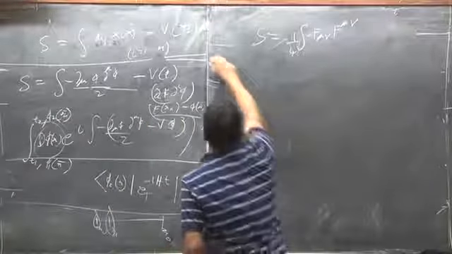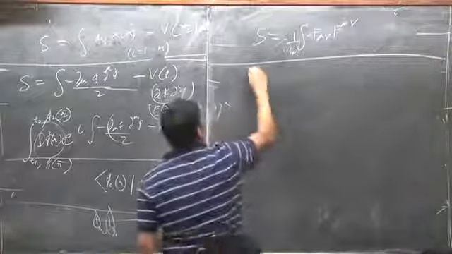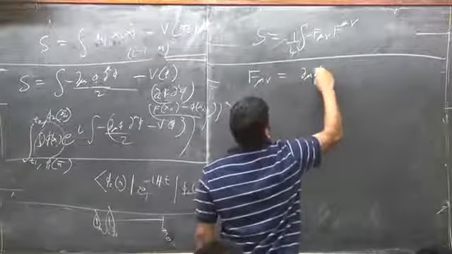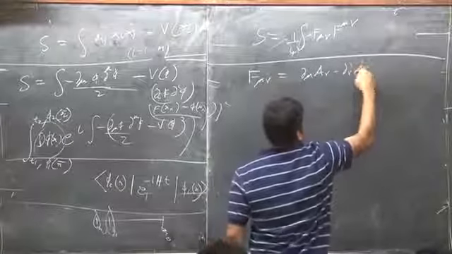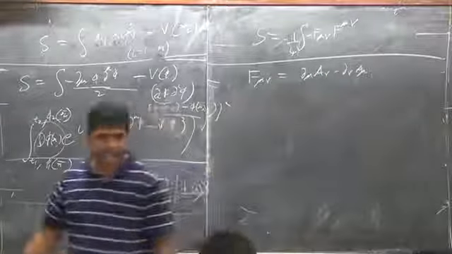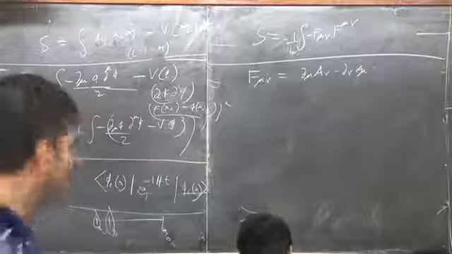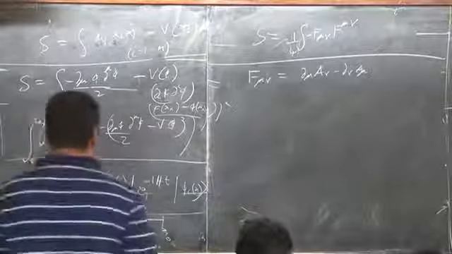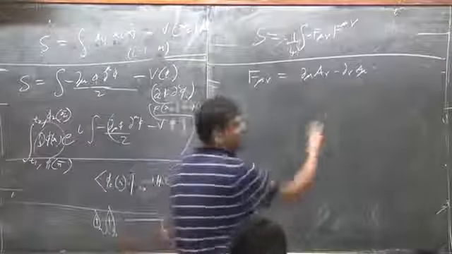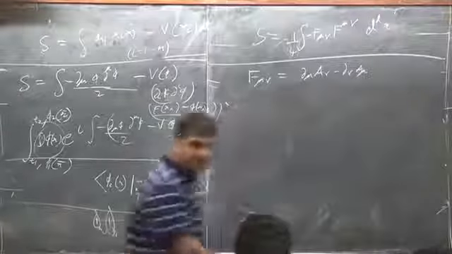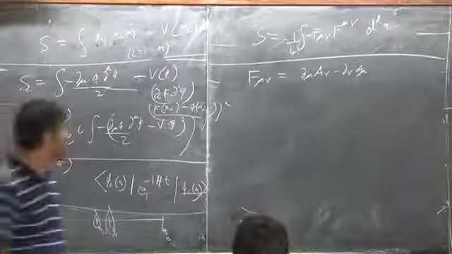Let's define F mu nu first. F mu nu is equal to del mu A nu minus del nu A mu. The mu and nu indices run over all space and time directions, and we're in arbitrary spacetime dimension.